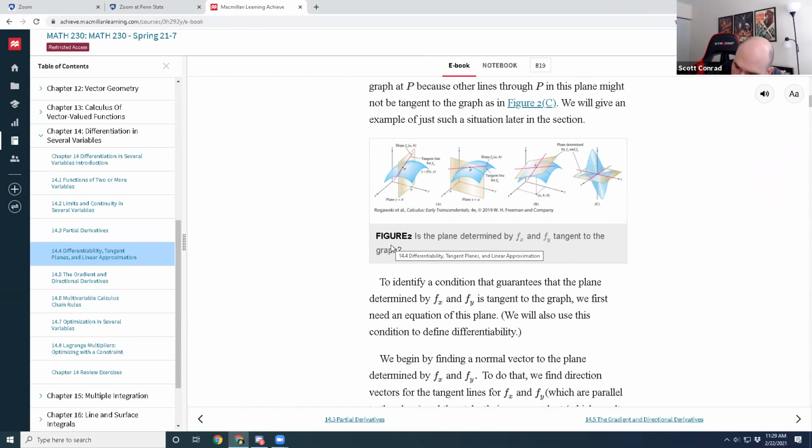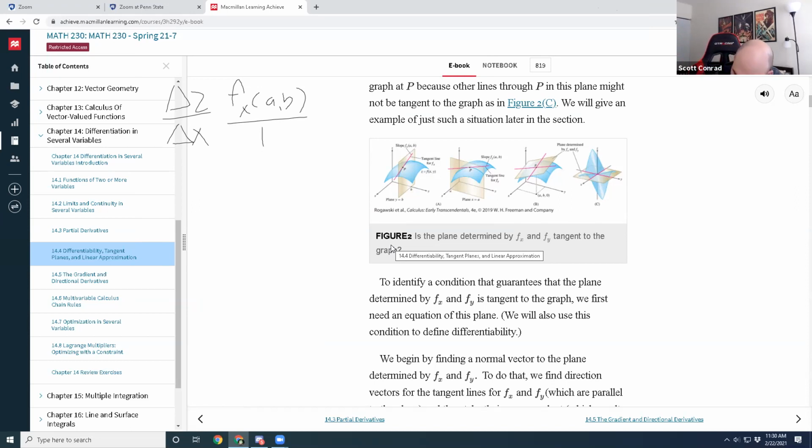If we look at the tangent line at that point, it's going to have slope f prime of x. In other words, the change in z is going to be f prime of x at that point. And the change in x, well, the slope is change in z over change in x, so you can just write that as f prime of x over 1 in this case.